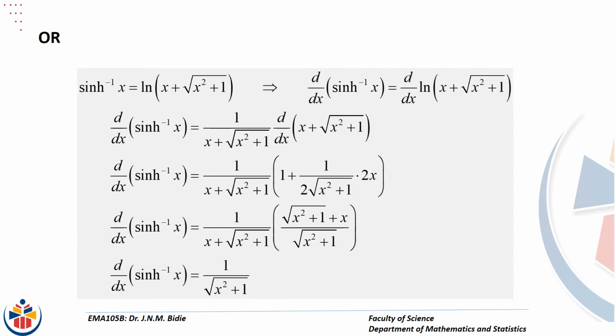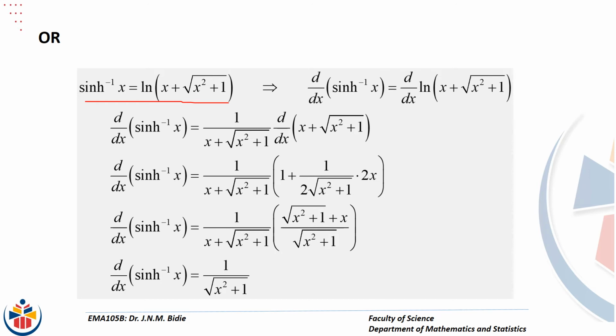The other method that we could have used is the definition of arcsine x, which is ln of x plus the square root of x squared plus 1. Find the derivative of both sides because we're just looking for the derivative.